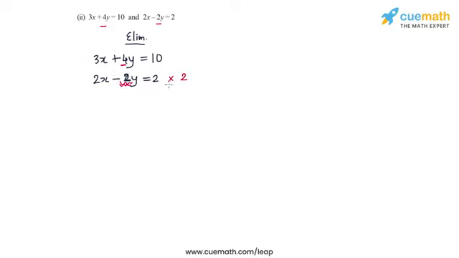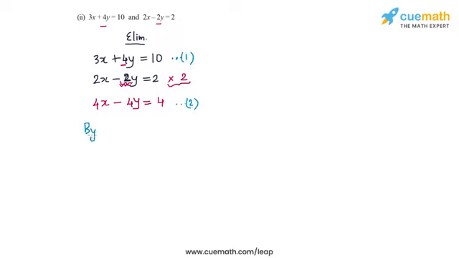So let's do that. If I multiply the second equation by 2, I will get 4x minus 4y is equal to 4. Now I have these two equations. Let's call the first equation 1 and let's call this modified second equation 2.